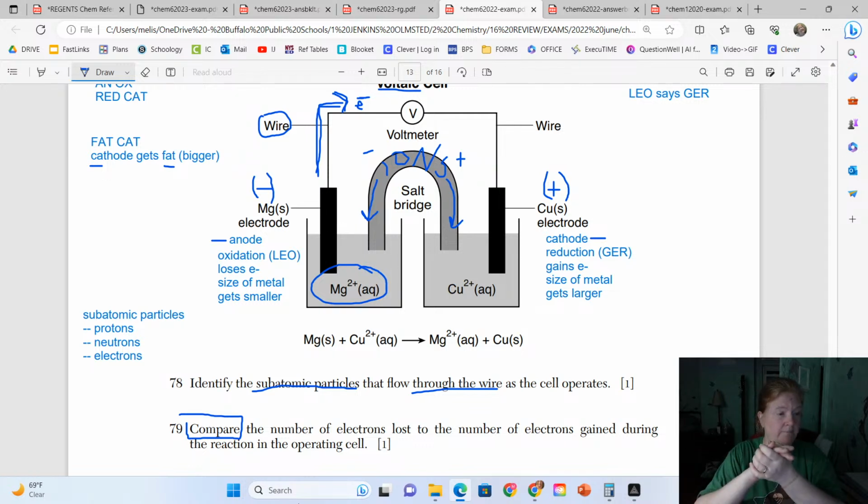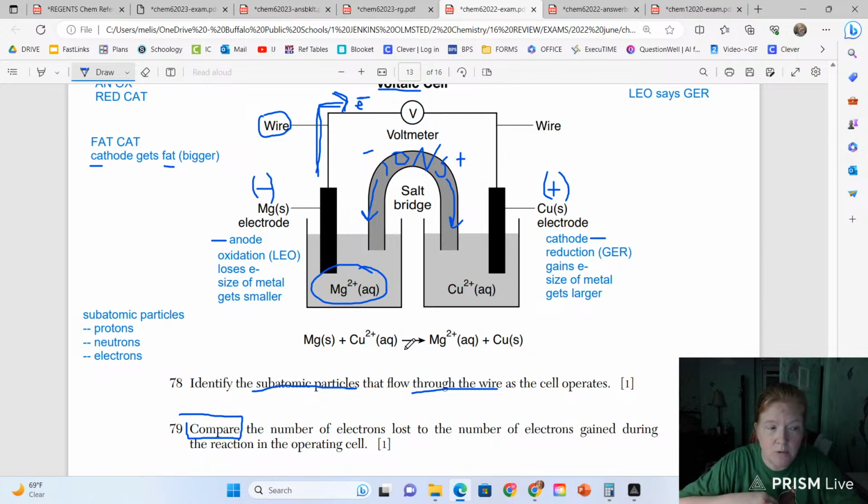So I just want to say, my answer is going to be either the number of electrons lost is equal to the number of electrons gained, the number of electrons lost is greater, or the number of electrons lost is less. And the answer is, if magnesium loses 2 electrons, how many electrons are available for copper to gain?